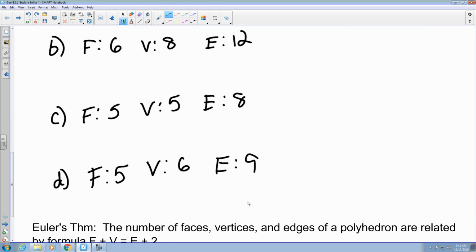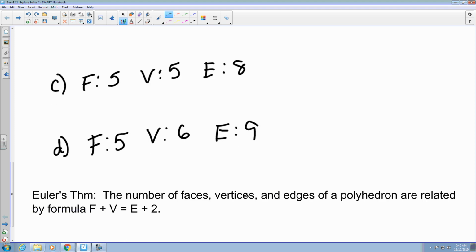Okay. You could count a majority of these out to be able to figure out what the faces, vertices, and edges are. But we also have what is called Euler's theorem. Euler's theorem says that we can figure out the number of faces, vertices, and edges of a polyhedron by relating it to the formula: faces plus vertices is equal to edges plus 2.